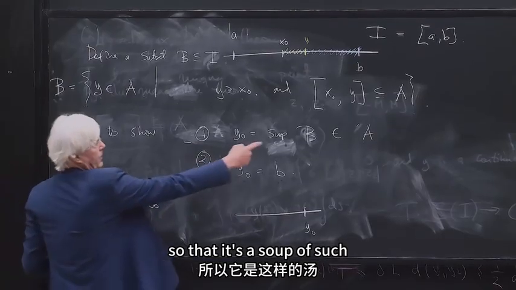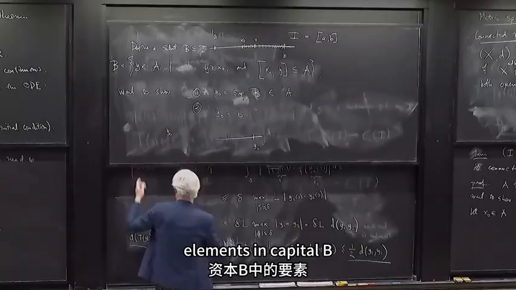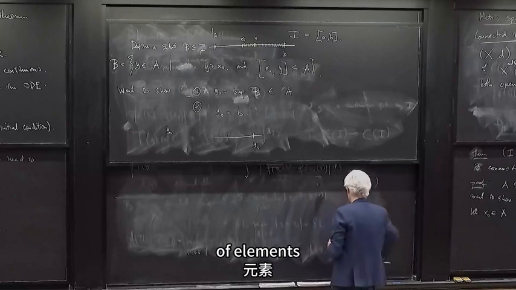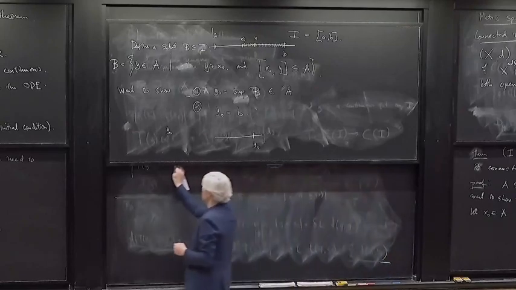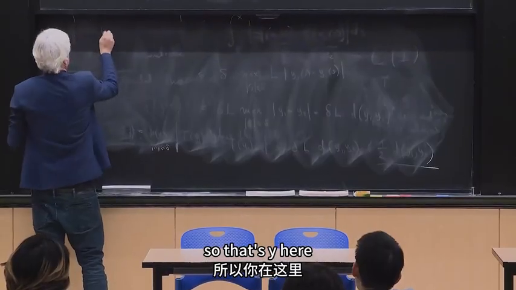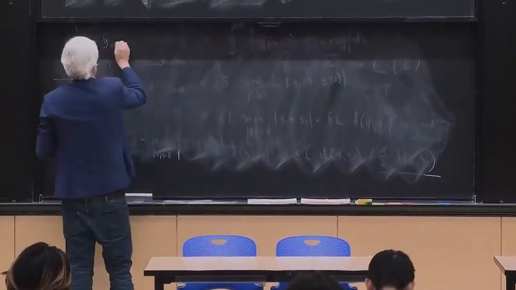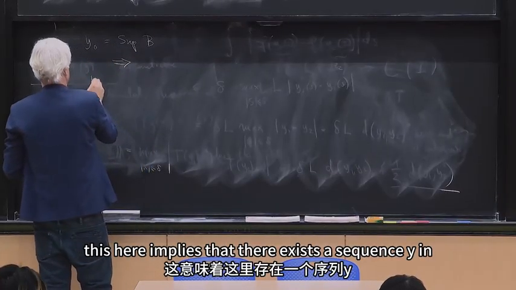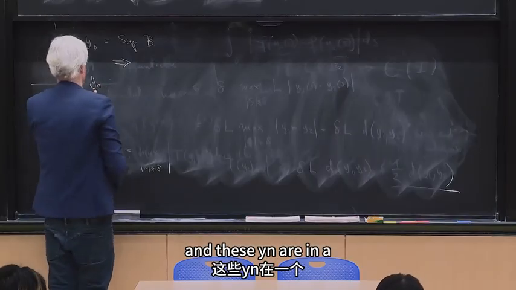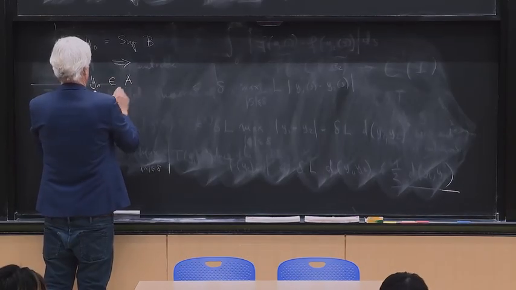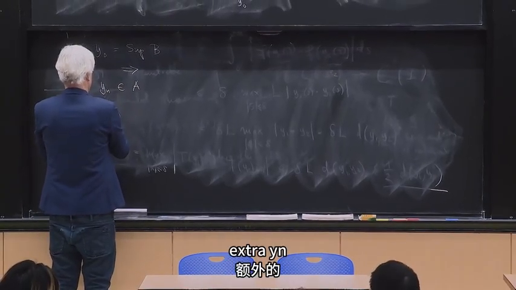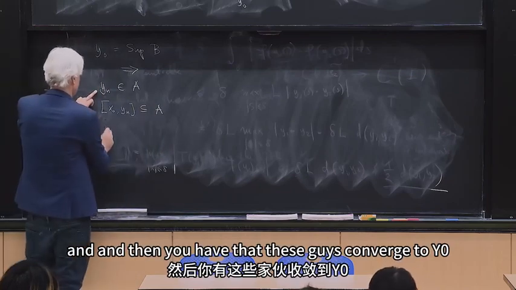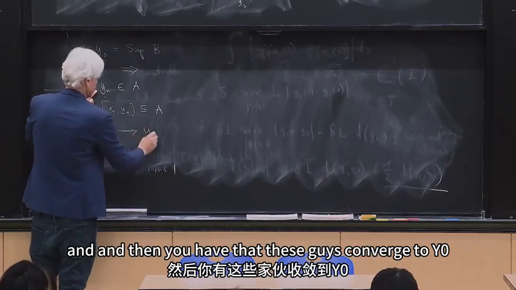So that it's the sup of such elements in capital B means that there exists a sequence of elements in B, so that y0 is the sup of B. This here implies that there exists a sequence yn, and these yn are in A, and you have that x0 yn is contained in A. And then you have that these guys converge to y0.